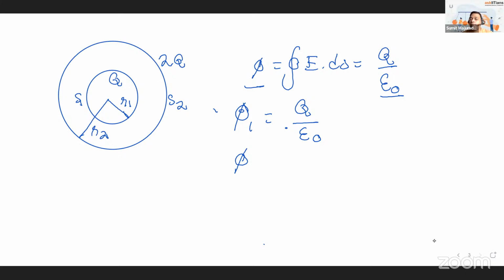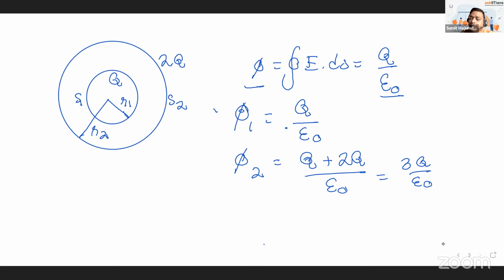It also influences the outer sphere. Therefore, the net flux coming out from the outer sphere is a combination of charge Q from inside and charge 2Q from outside. That gives you 3Q upon epsilon naught.